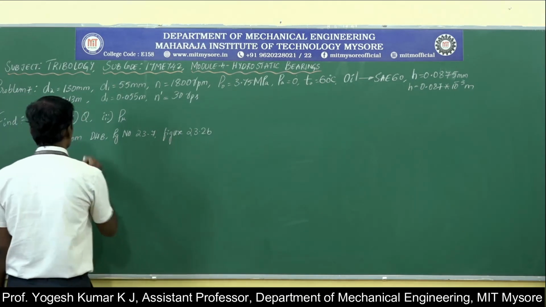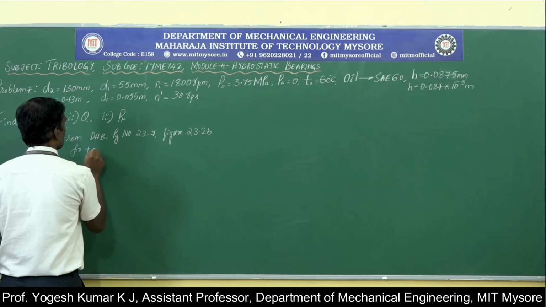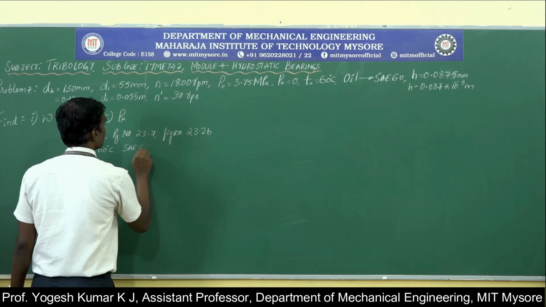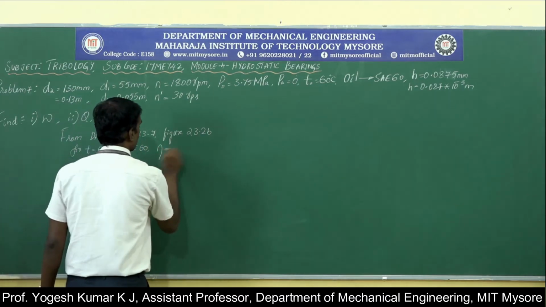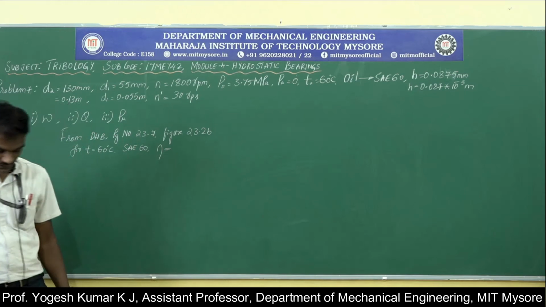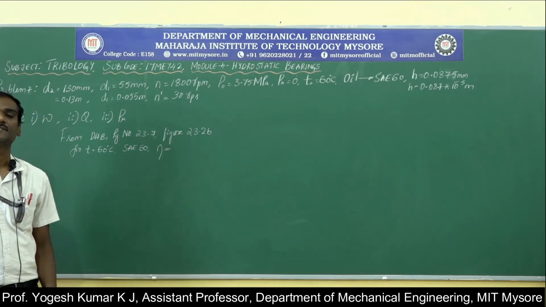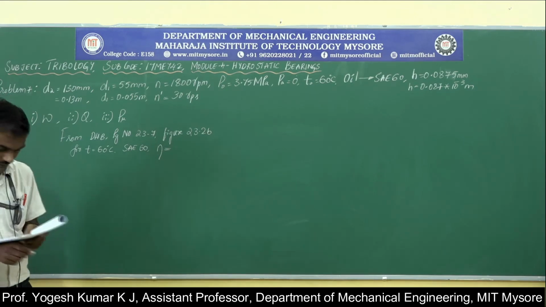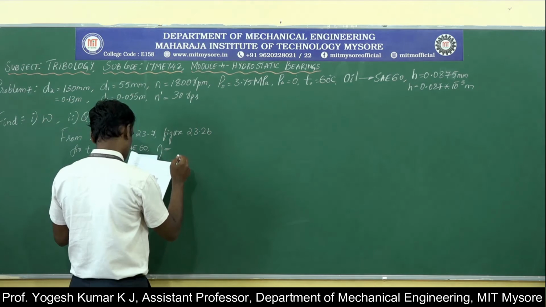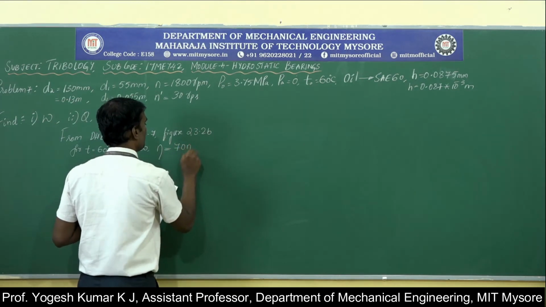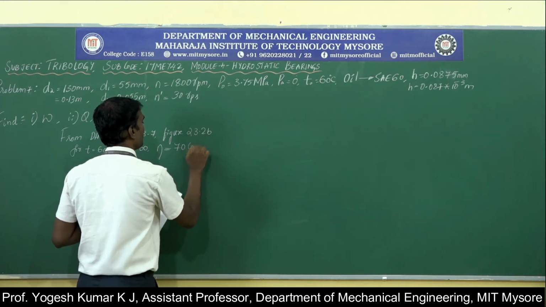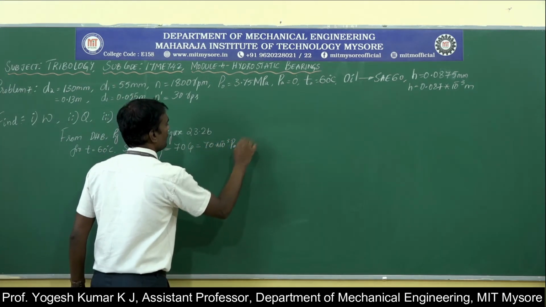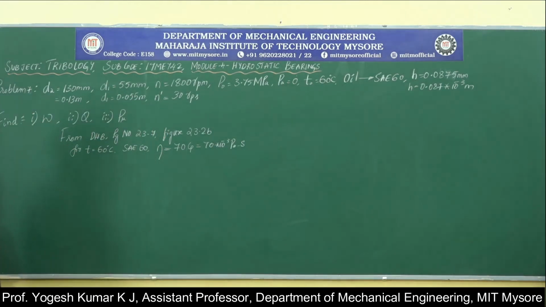From figure 23.2b, for T equals 60 degree centigrade and SAE 60, we get eta. Eta is the absolute viscosity, which from the graph is 70 cP, which means 70 into 10 power minus 3 pascal second.